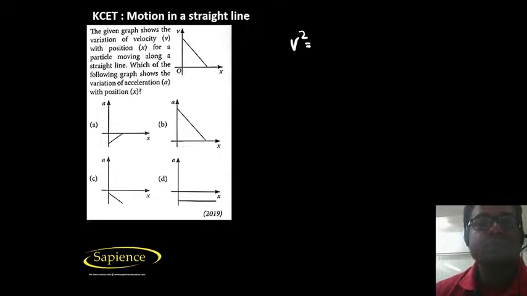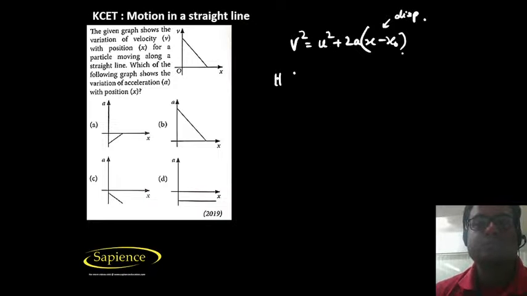So we know that v square equals u square plus 2a into x minus x naught, where x minus x naught is the displacement. So now here, it means that v should be proportional to root x if acceleration is constant.